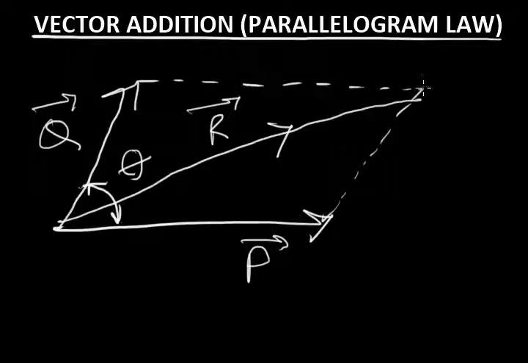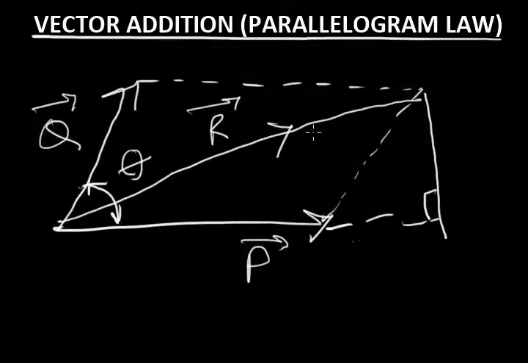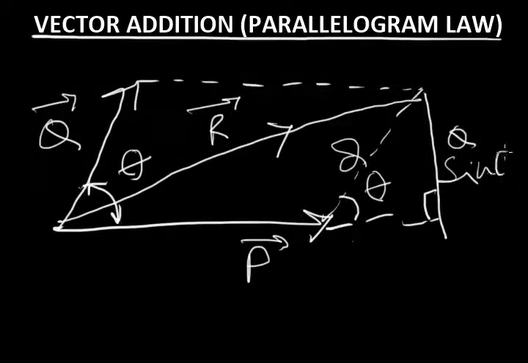Now from here I drop a perpendicular and I join these two lines, and this is a perpendicular. You see, this arm is Q, and this arm is also Q. Because this angle is theta, this perpendicular is Q sine theta, and this base is Q cos theta.